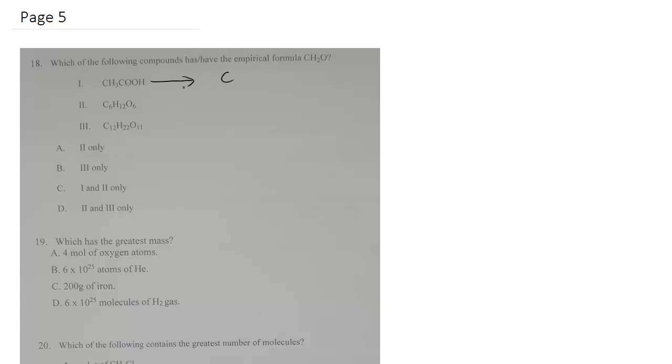So there are 2 carbons, the hydrogen number is 4, and the oxygen number is 2. If we're converting that into an empirical formula, we have to divide everything by 2 in this case, so it becomes CH2O.